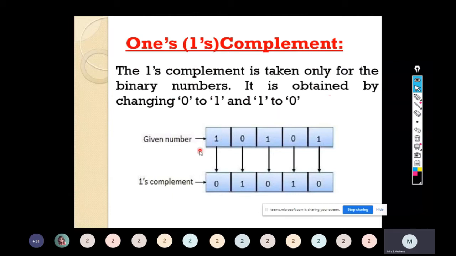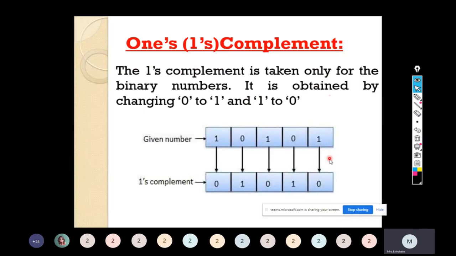For example, the given number is 1, 0, 1, 0, 1. To get the ones complement for this number, our rule is to change 0 to 1 and 1 to 0, vice versa.